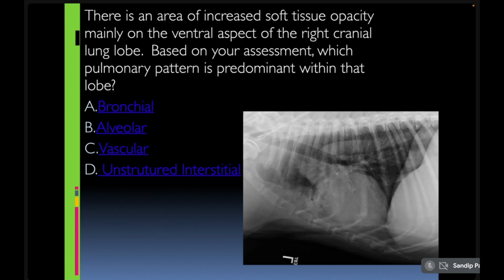I'd say there is an increased soft tissue opacity mainly on the ventral aspect of the right cranial lung lobe. From the lateral side, we may not be able to say right or left, but that we will say from the other view. Right cranial lung lobe. So right here there is an abnormal situation.